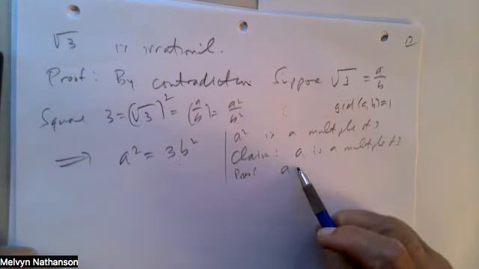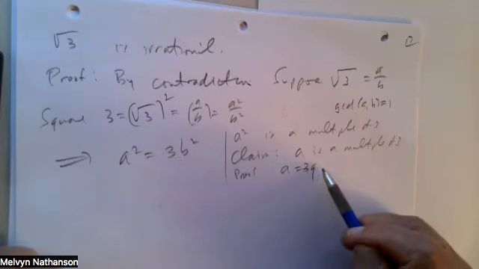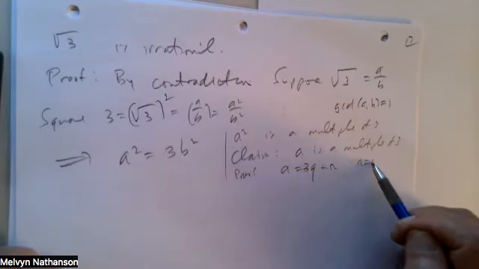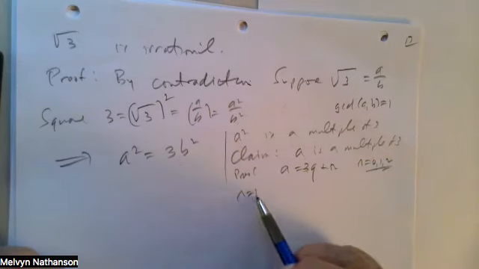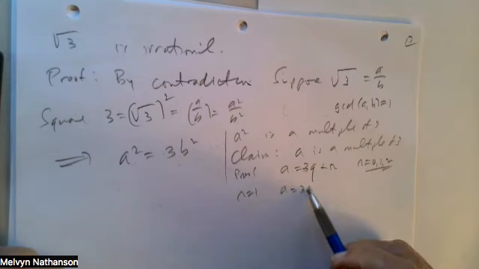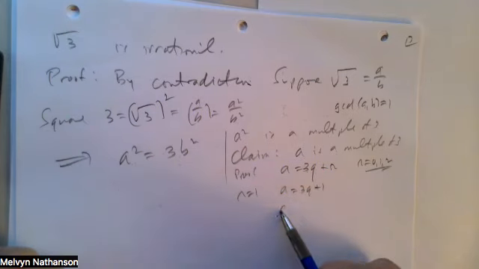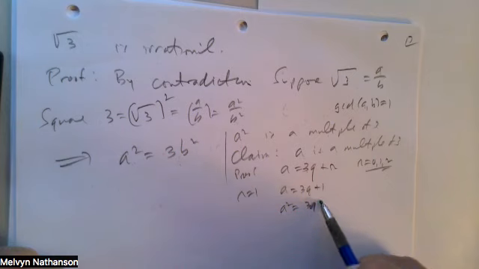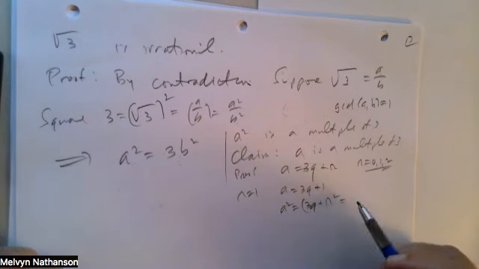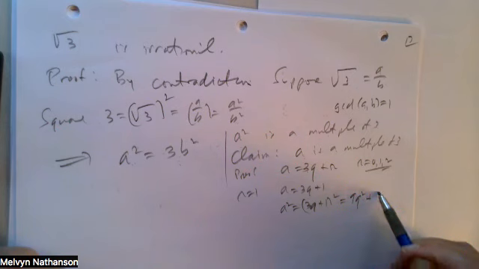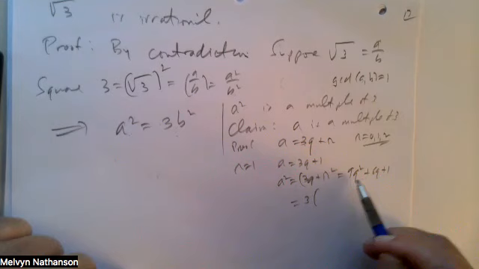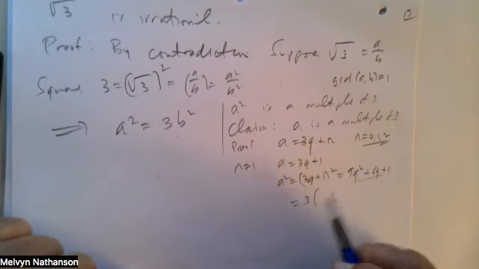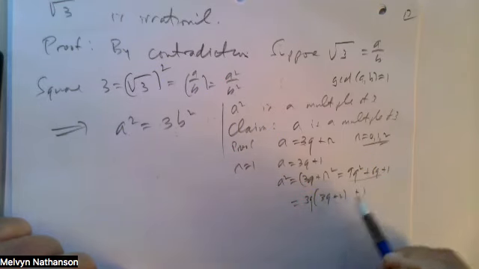This is the proof of the claim. Take the number a. If you divide it by 3, it's 3 times q plus the remainder, where the remainder is 0, 1, or 2. If the remainder is 1, a is 3q plus 1. So a squared is (3q plus 1) squared. That's 9q squared plus 6q plus 1. Factor a 3 out of the first two terms: 3 times (3q squared plus 2q), plus 1.